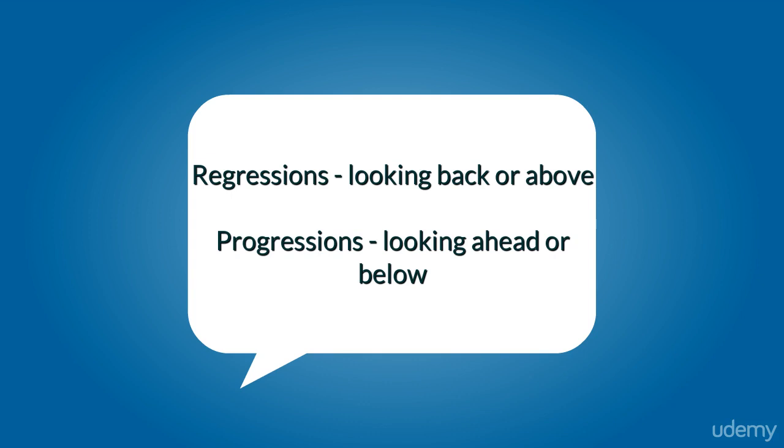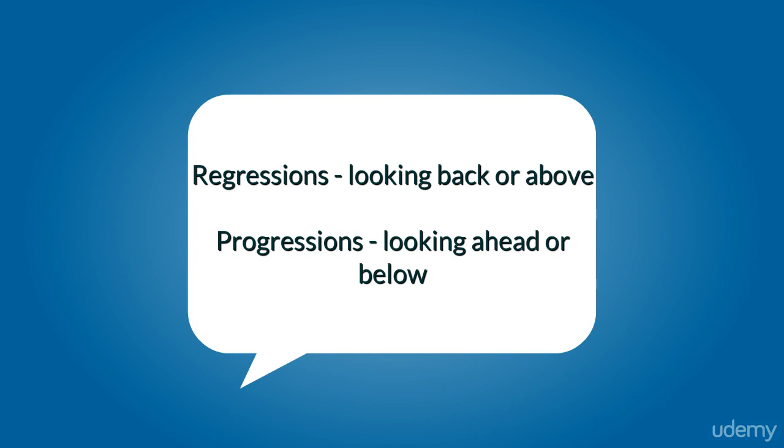Let's talk about how to minimize wasted eye movement. The best way to minimize this habit is simply to stop doing it. The reason why we do regressions and progressions is because we are afraid that we might have missed something while reading.